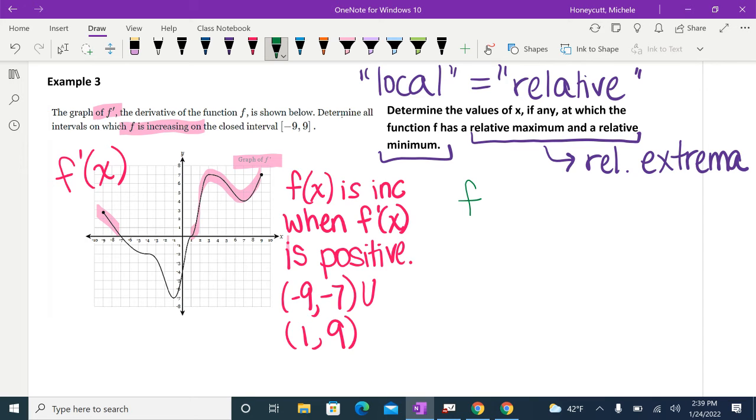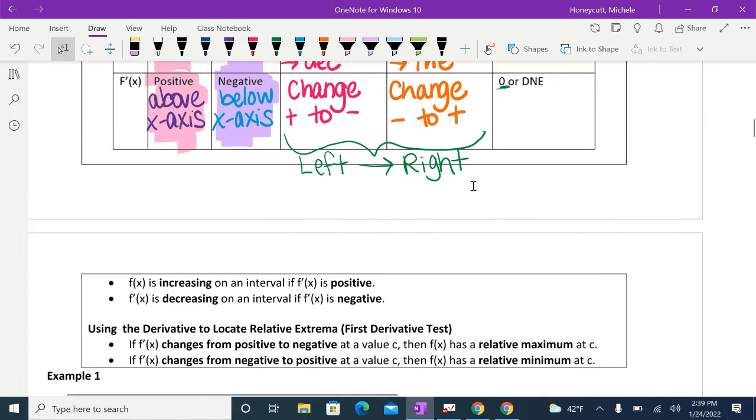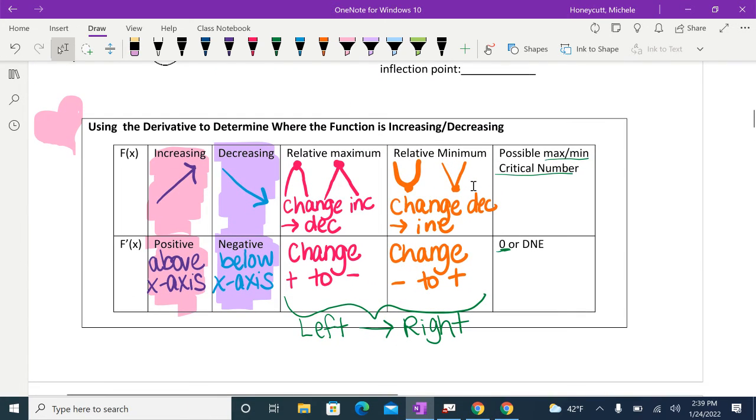So I'll say f has a relative max when f prime changes. And if I go back to my chart, a relative max for f happens when f prime changes from positive to negative.